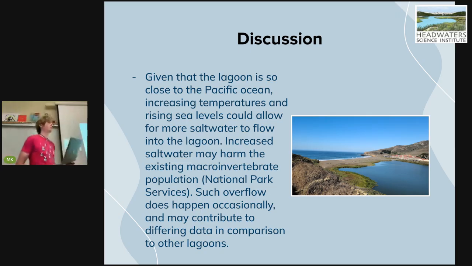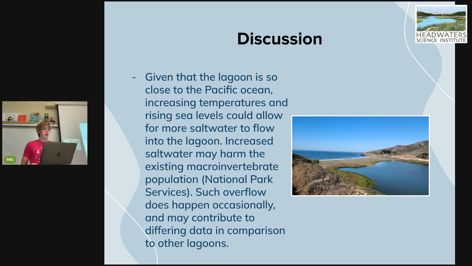Rising sea levels would increase the amount of salt water, so with macroinvertebrate presence, you would probably see a drop in population. In terms of the effect on the nitrogen compounds, there wouldn't be that much of an impact, but just looking at macroinvertebrate presence, you would definitely see a change.